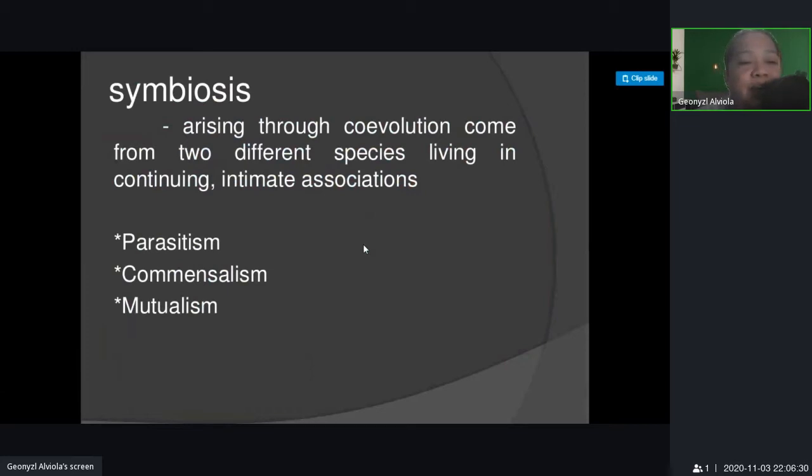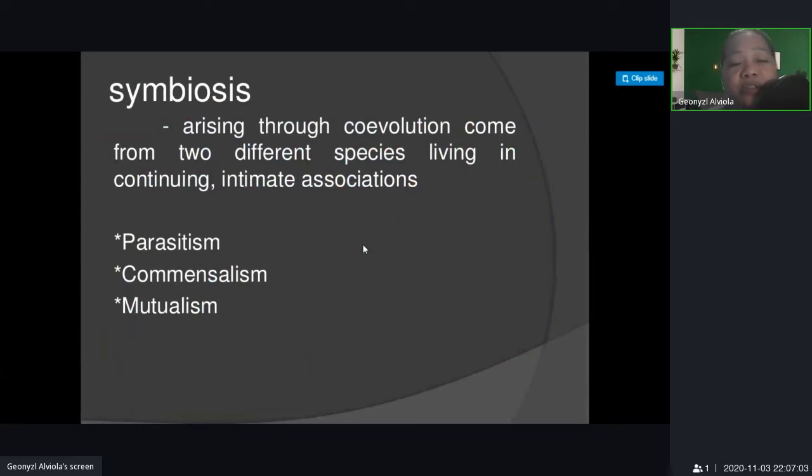So, for example, here we have parasitism. Parasitism is a negative interaction because this is a relationship between the host and the parasite. Usually, the hosts are the largest organism, and the parasites are the small organism that gives us a negative interaction because only one component gets the benefit while the other is harmed.